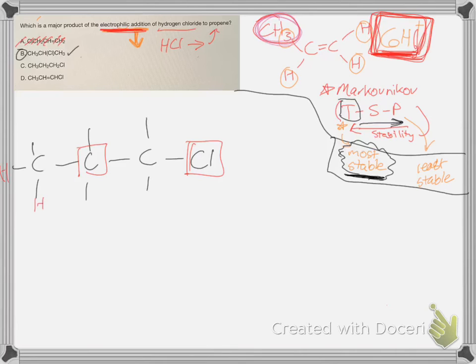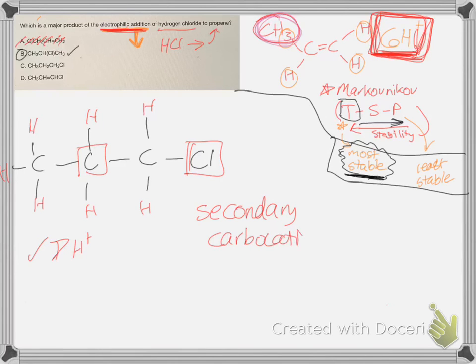However, if we have another look at this, if we count the hydrogens, it's seven hydrogens. So if we just went to the rule of increasing hydrogen atoms, both B and C could have been correct. But B is more correct than C because this is a secondary carbocation right there, and it's bound to 1, 2, well, in this case it's C and Cl, but they're 2 R groups.